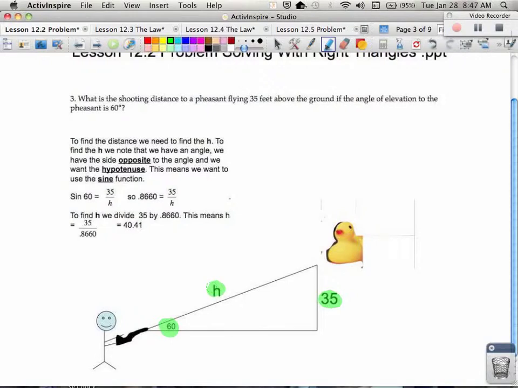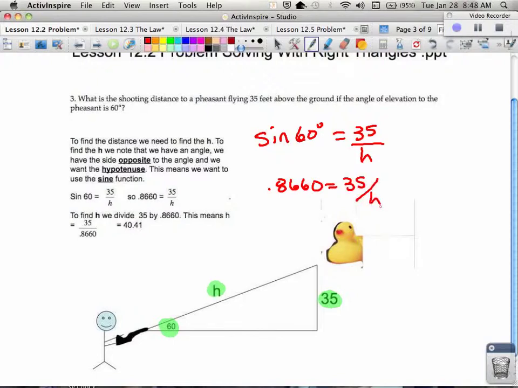So I set up my equation to say that the sine of my 60-degree angle should be equal to 35 divided by h, or in other words, opposite over hypotenuse. I type in the sine of 60, and I get 0.8660 equals 35 over h.